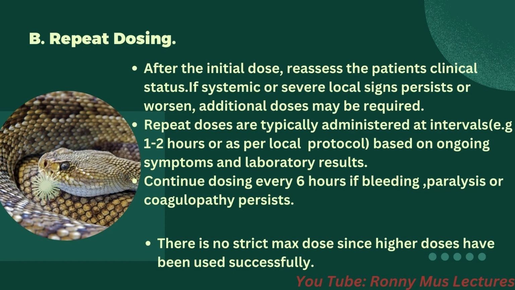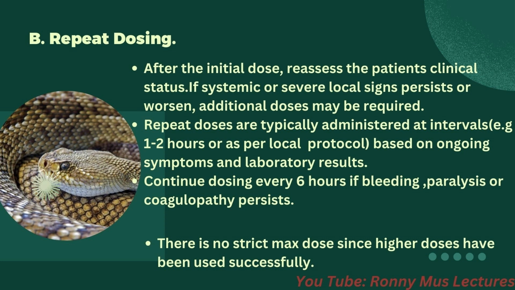So is it important for you to repeat dosing? After the initial dose has been administered to the patient, it is important that you reassess the patient's clinical status, and if systemic or severe local signs persist or worsen, then additional doses may be required.